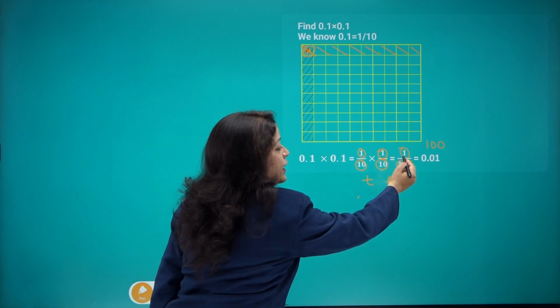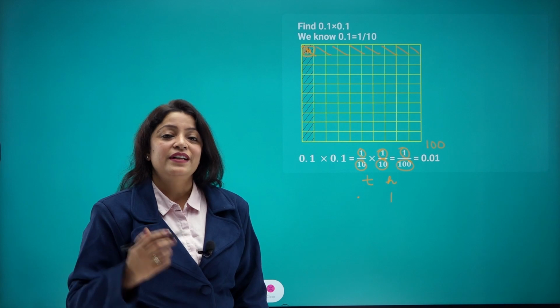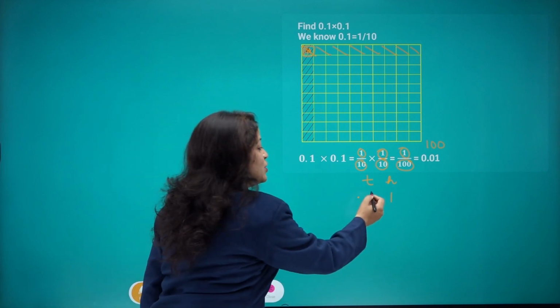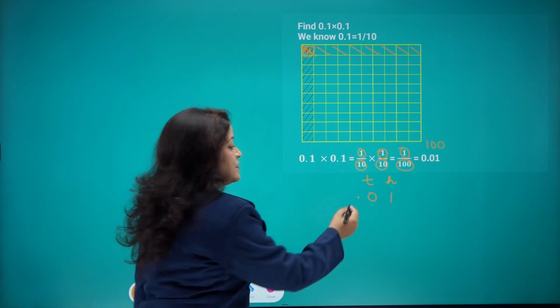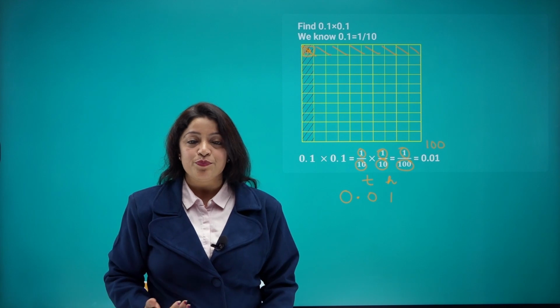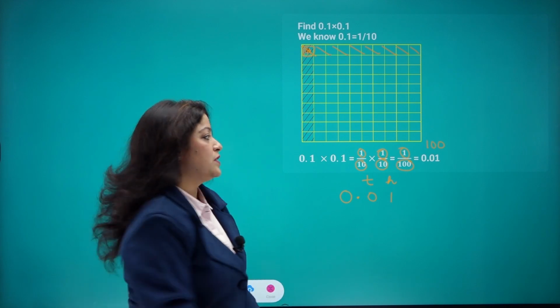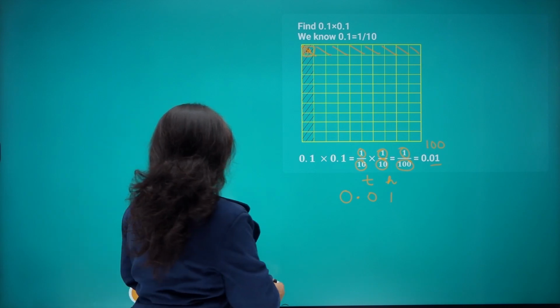So 1 should lie on the 100th place. And the 10th place should be filled with a 0. So the number now becomes 0.01. And since we can write a 0 before the decimal, the number becomes 0.01, which is the final answer over here.